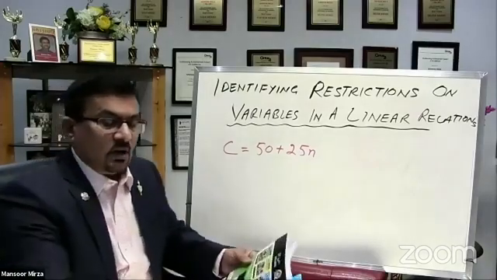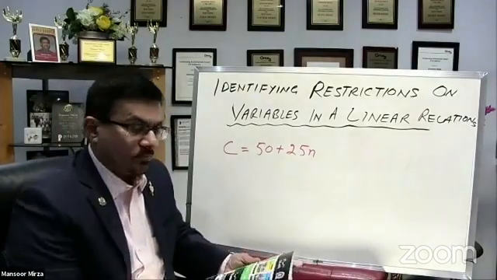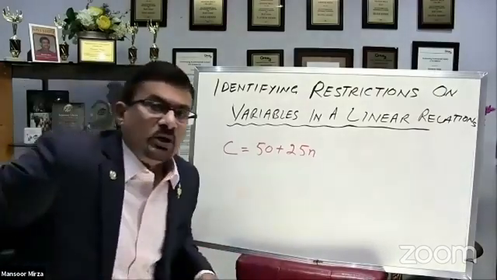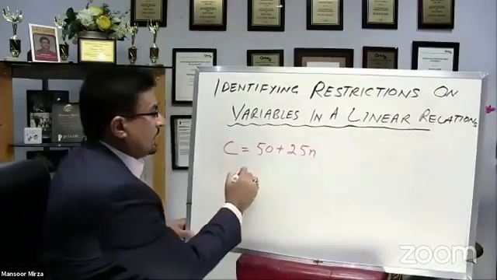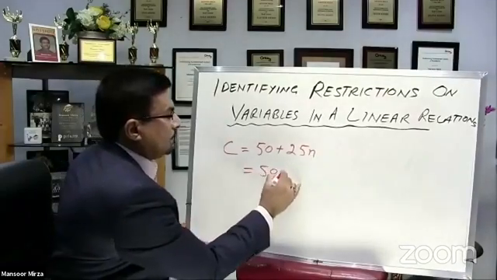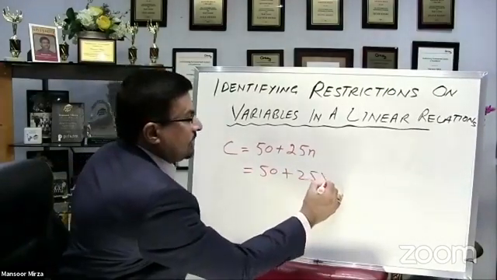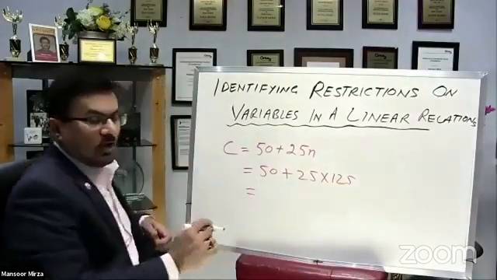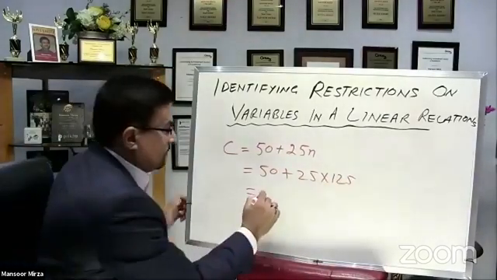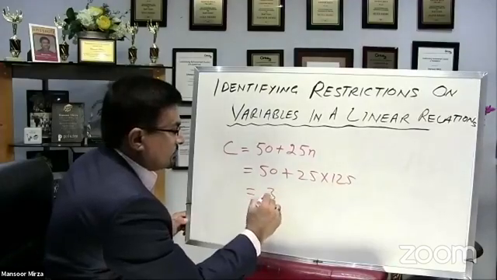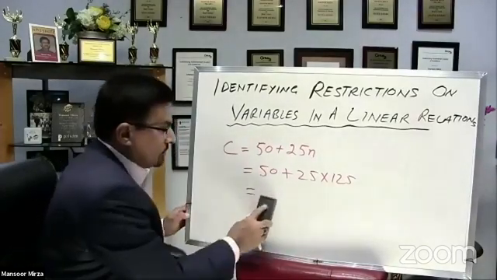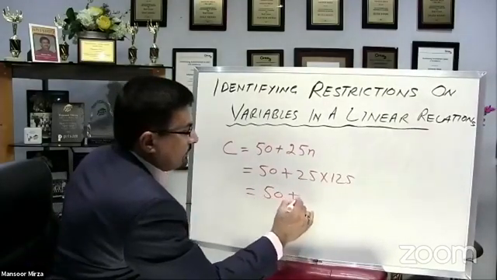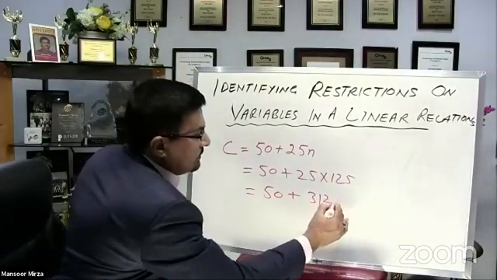So let's see how this will work. Let's say we are telling them that our n should be 125, so we have 50 as the starting value plus 25 into 125. That means the value will be 3125.